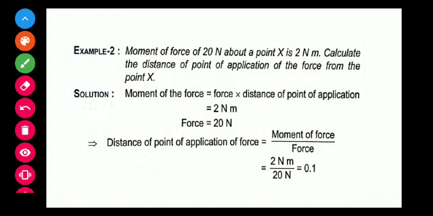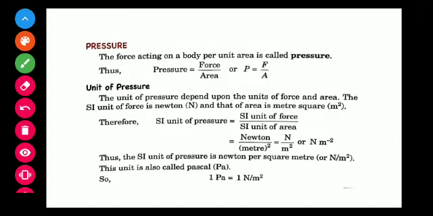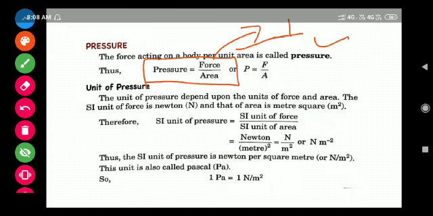Now, next we will discuss pressure. What is pressure? The force acting on a body per unit area is called pressure. Pressure is equal to force upon area, that is, force acting per unit area is pressure, and this force is your perpendicular force.